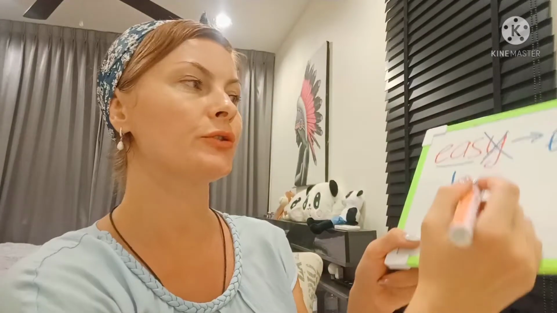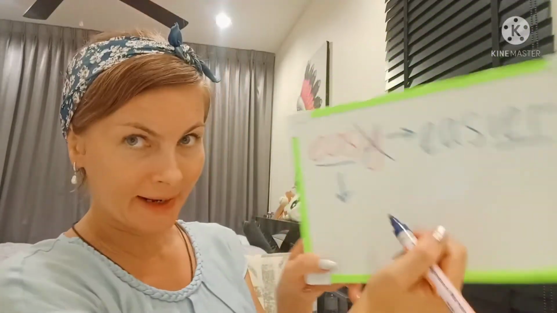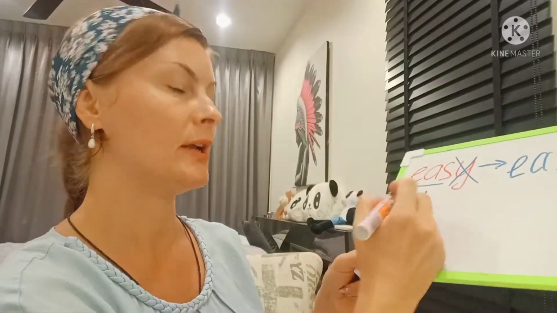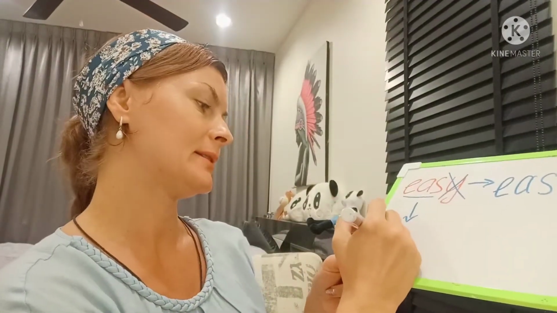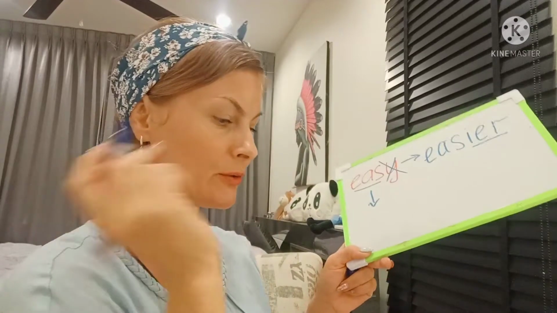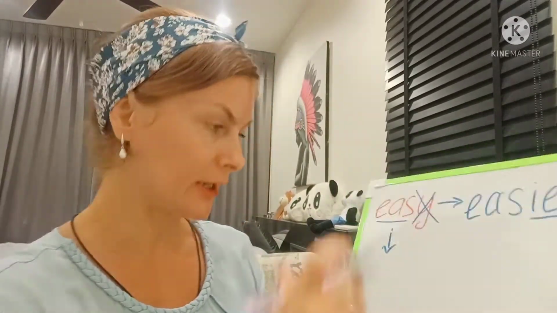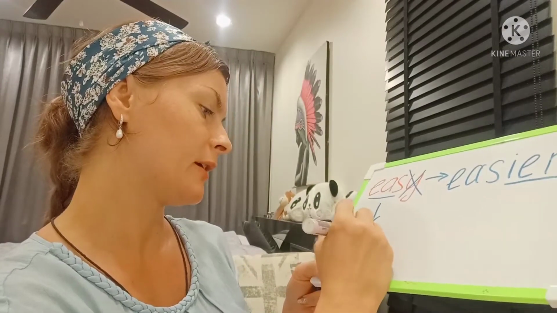But if I want to compare three books and I want to say the most easy, so how to use this word and how to write this in one word? This is superlatives. So easiest, but we always use the, right? Don't forget to put the when you talk about superlatives.